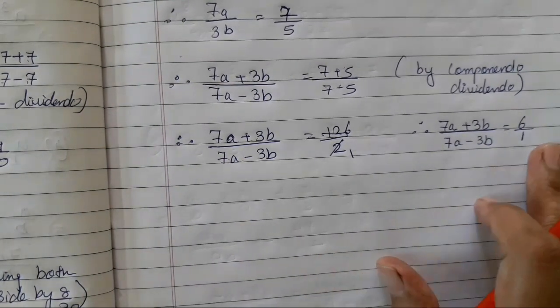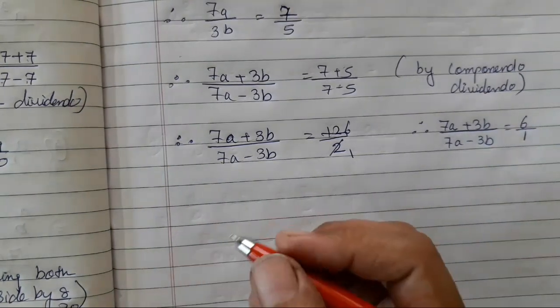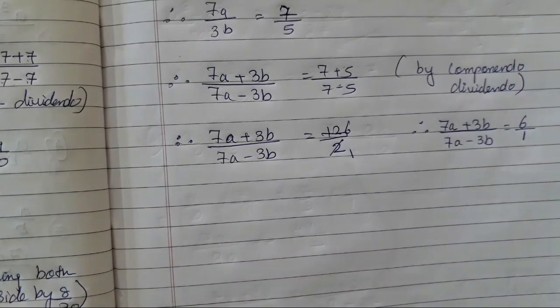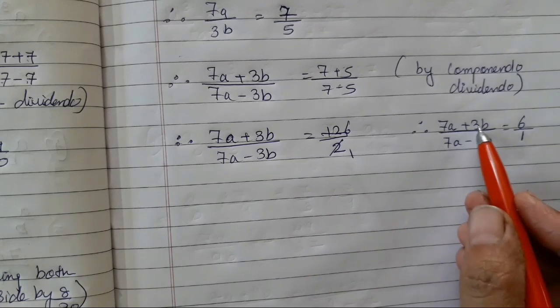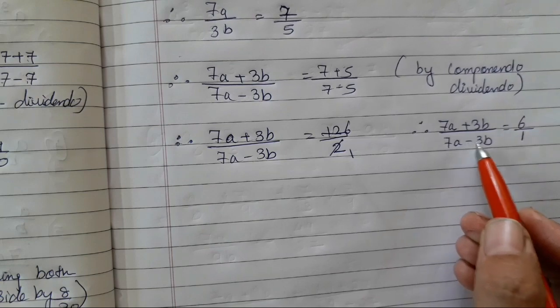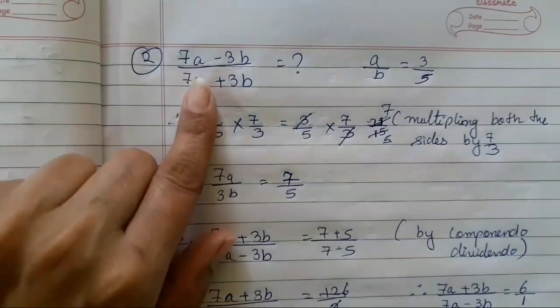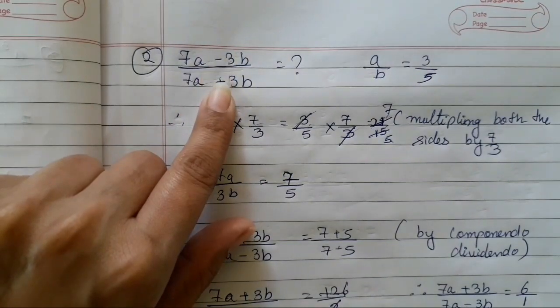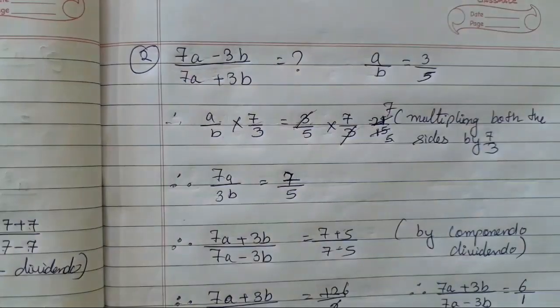Okay, now 6 upon 1, we will again change it by invertendo. Why do we need to change it into invertendo, children? Because we have found the answer for 7a plus 3b first and 7a minus 3b in the second form. But according to the question, minus is first and then the addition. So we need to find the answer for this. For this, we can only change the numbers.